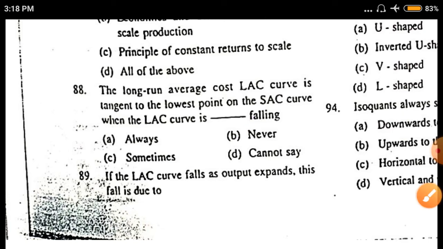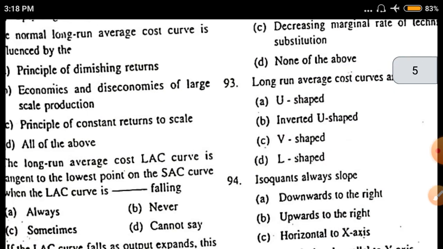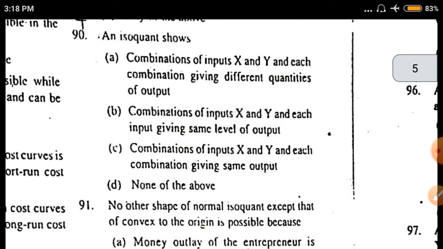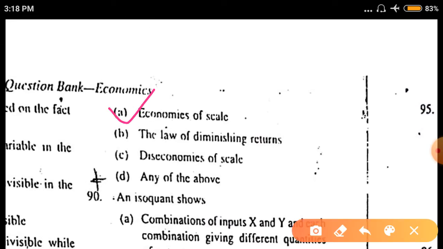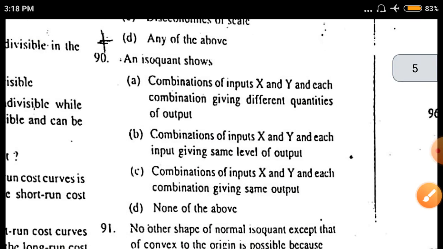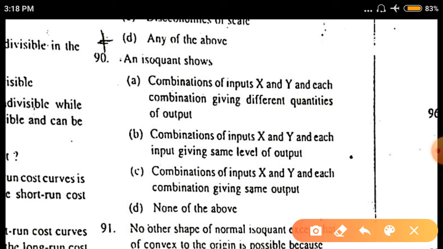Option B. If the LAC curve falls as output expands, this fall is due to economies of scale. Option A is the right answer. Question number 90. An isoquant shows combinations of input x and input y, each combination giving the same output. So option C is the right answer.